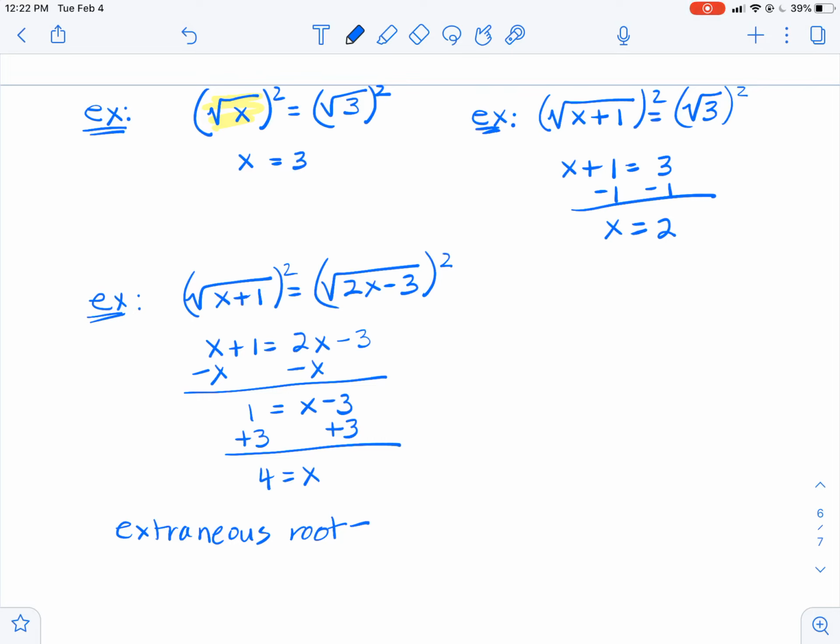We had those when we did absolute values, and especially if you had an absolute value equal to another absolute value, it was definitely possible you could get an extraneous root. That could also happen here. So once you are done, you need to check your answers and make sure that it does work. Again, that one's not too complicated.